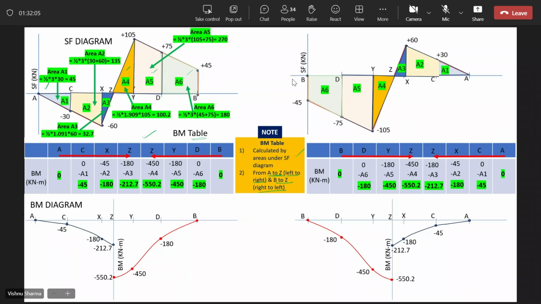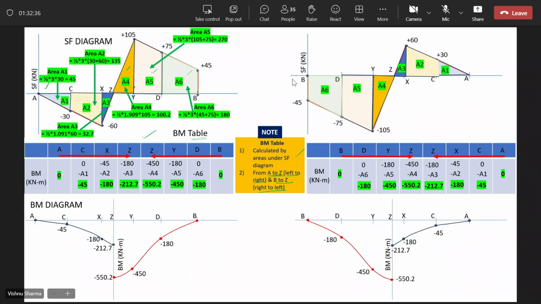Please see if everybody is in agreement with the BM table. If you have any clarifications to seek, please do so. Guys, last 10 seconds for doubts on the calculation or completing of this table.